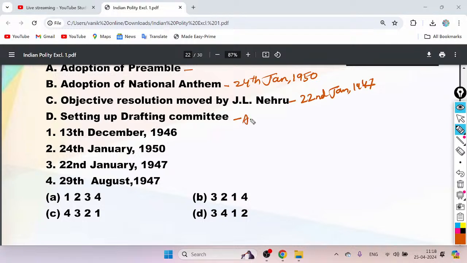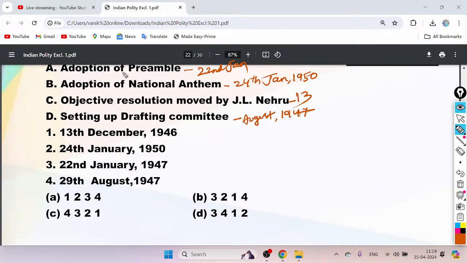Drafting Committee 29 August 1947. Then adoption of preamble, probably 22nd January. Objective resolution was moved on 13 December. So that will be 22nd January. Remember 22nd January. It is 13 December.